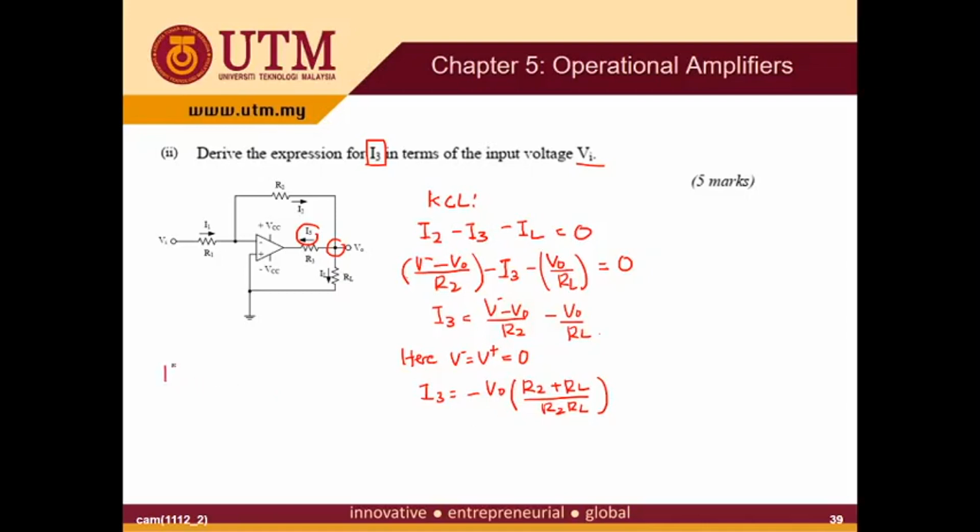Here Vout is equal to minus R2 over R1 Vi. So I3 is equal to R2 over R1 times R2 plus RL over R2 RL times Vi. So this is the answer.